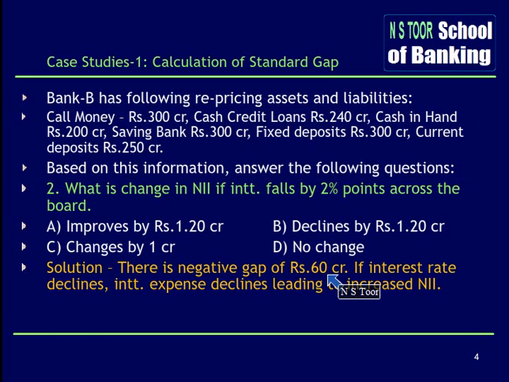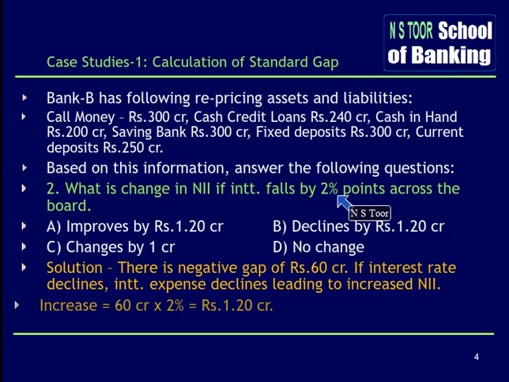We have already seen in the previous question. If interest rate declines, as happens in this case, interest expenditure will decline more than interest income. So when interest expenditure declines more, this will increase the net interest income.